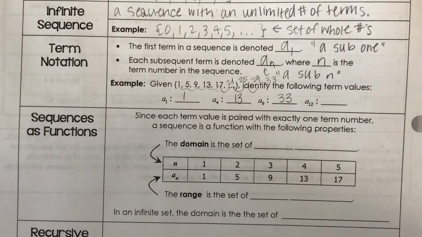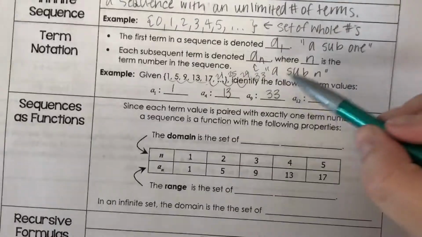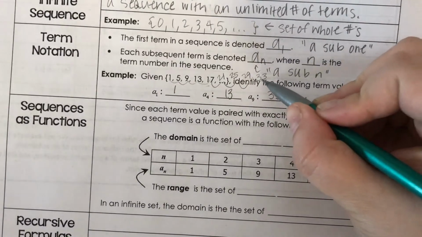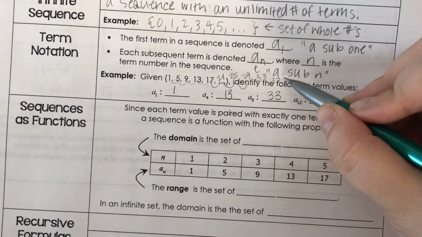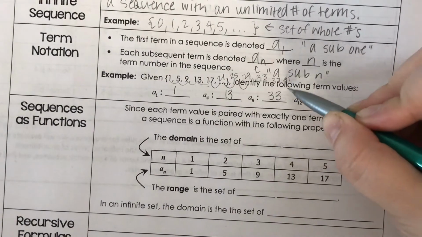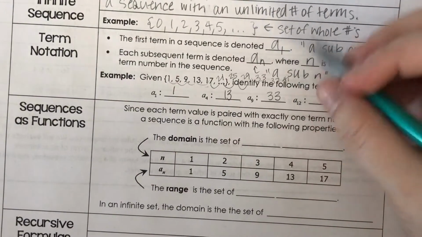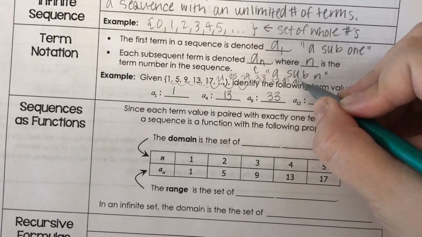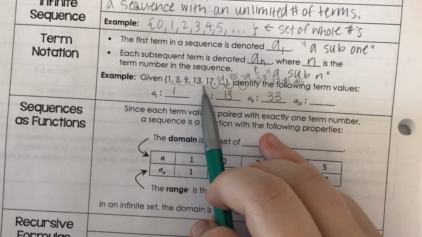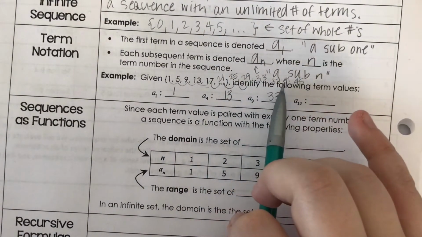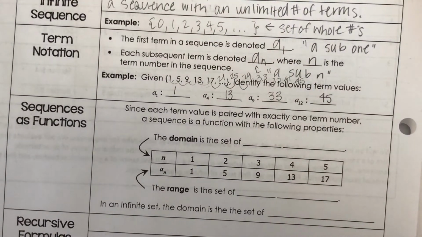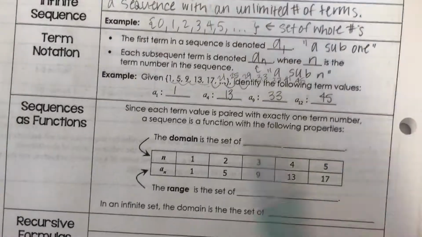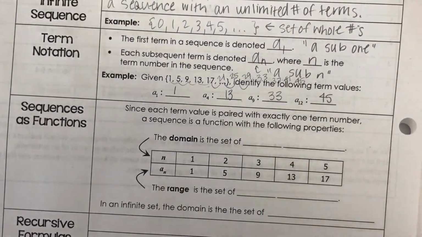Okay, the 12th term, if we keep going on and on, so 33, plus 4 is 37, plus 4 is 41, plus 4 again is 45. So let's see, we got 1, 2, 3, 4, 5, 6, 7, 8, 9, 10, 11, 12. 45 is our 12th term. So really you're just figuring out the pattern and then you're finding the number that matches.